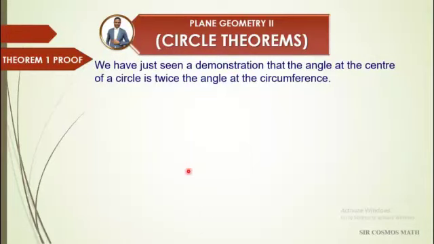Now, we have seen a demonstration that the angle at the center of a circle is twice the angle at the circumference. That is the first theorem. Now we are going to prove it. The reason why we are saying the angle at the center of a circle is twice the angle at the circumference, we are going to prove it.